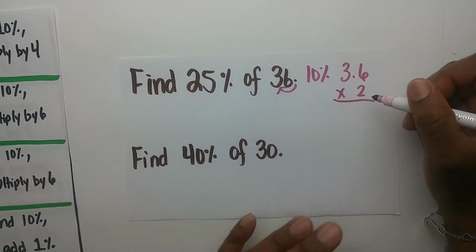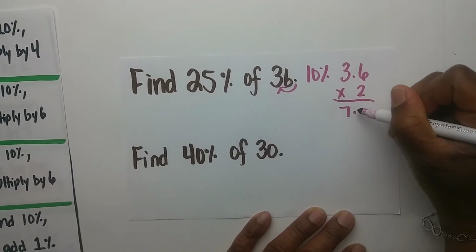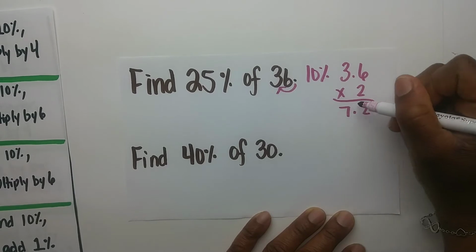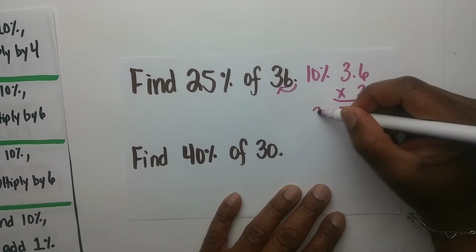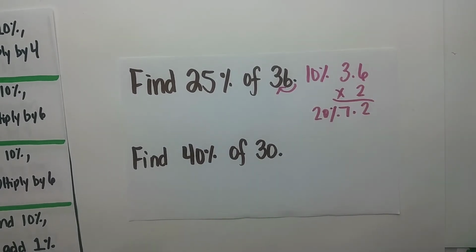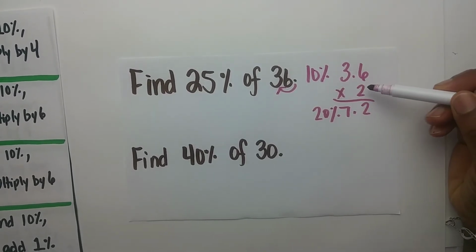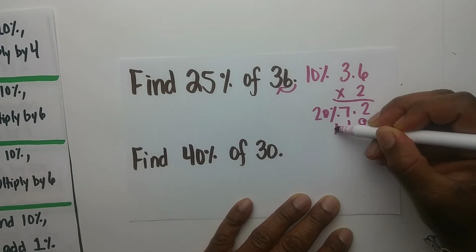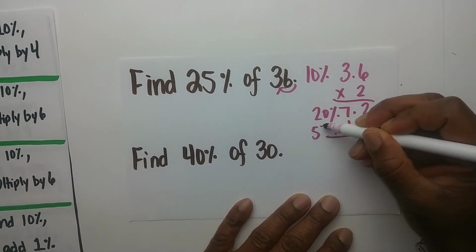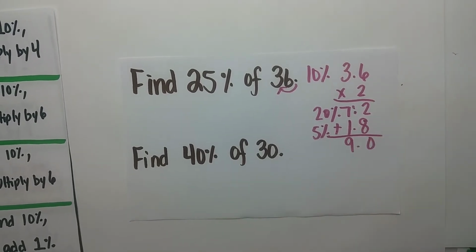I can double 36 and get 72, or 7 and 2/10. That's 20%. Now, remember what we said about 5%. 5% is half of 10. So half of 36 is 18, which is 1 8/10. And if I add those together, the 20% and the 5%, I'll end up with 9.